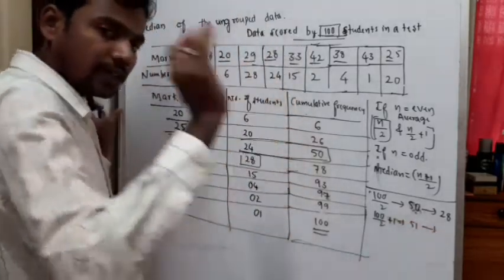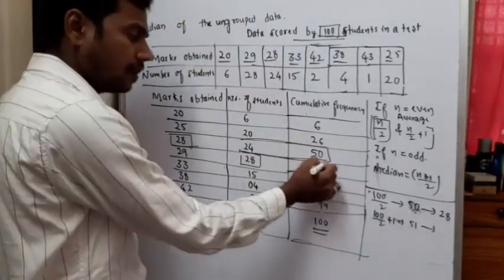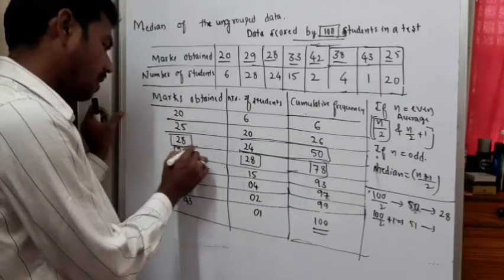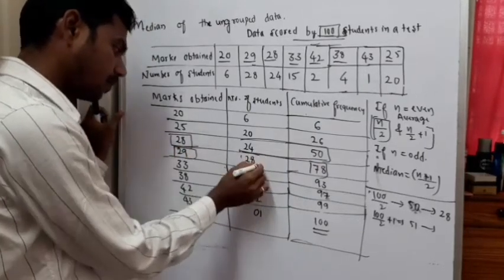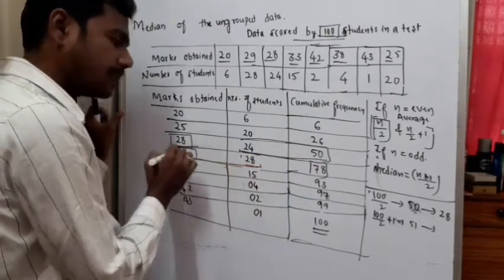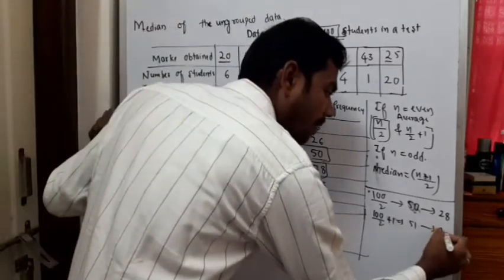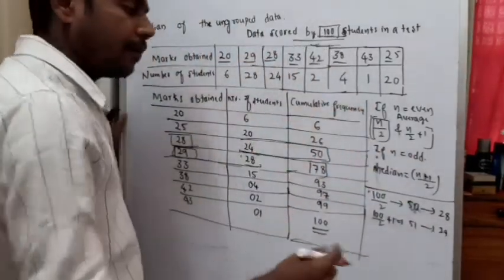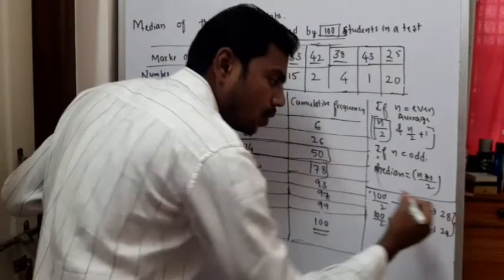Where does the 51st observation fall? See, the 51st will come here. What is the corresponding observation? That is 29. So to find the median, we need to take the average of these two observations.